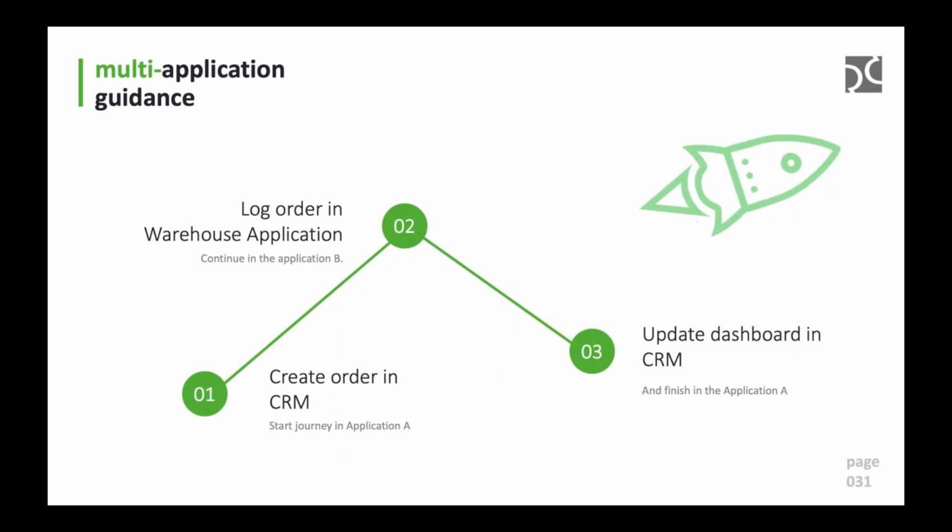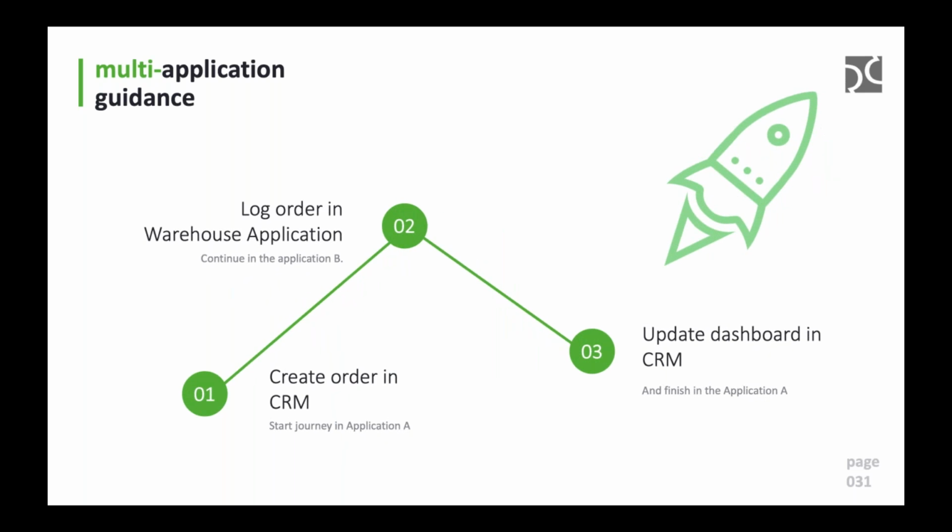Multi-application support. For the context of this webinar, I was showing you how to create guides in this CRM tool that we use for our demos. But what you need to understand is that from the user perspective, the users do not care that much about applications.